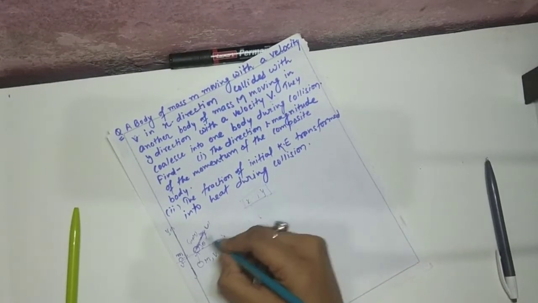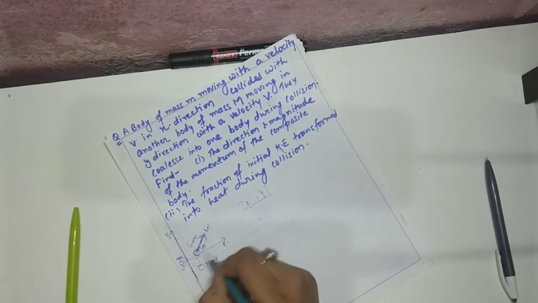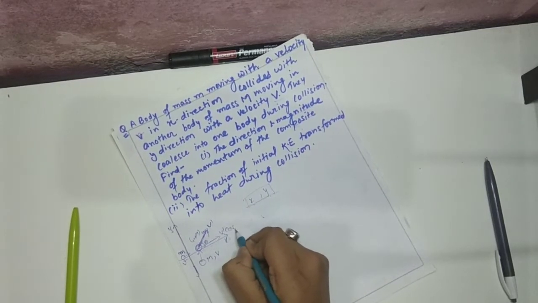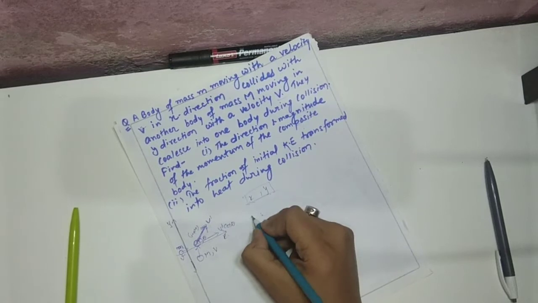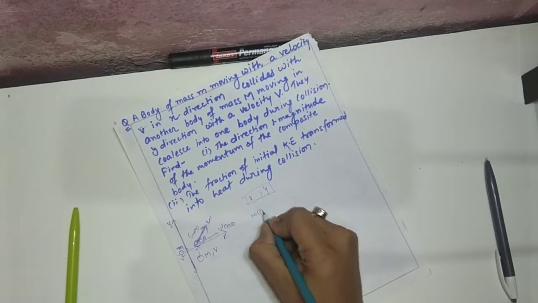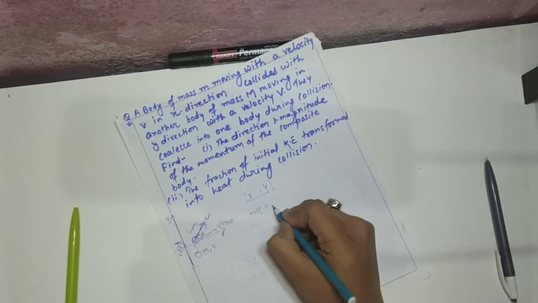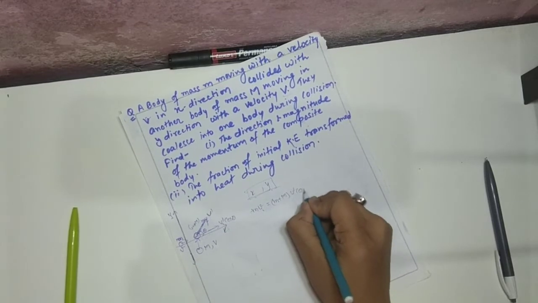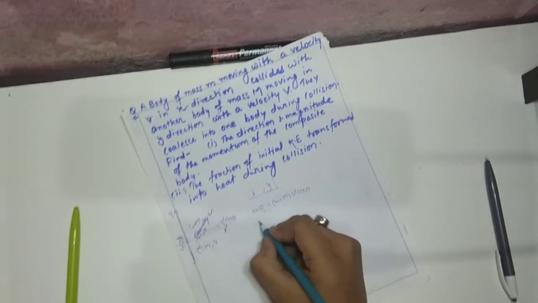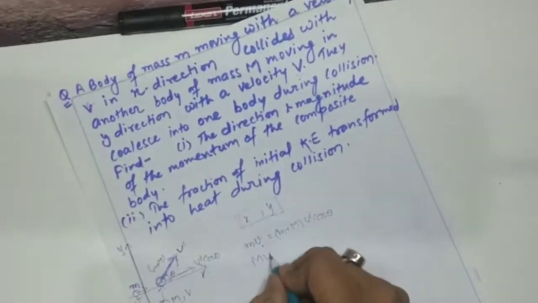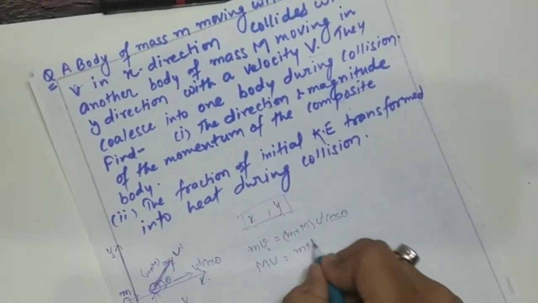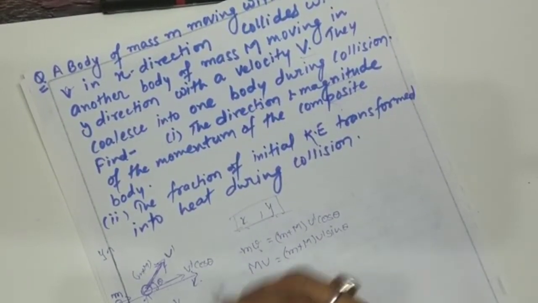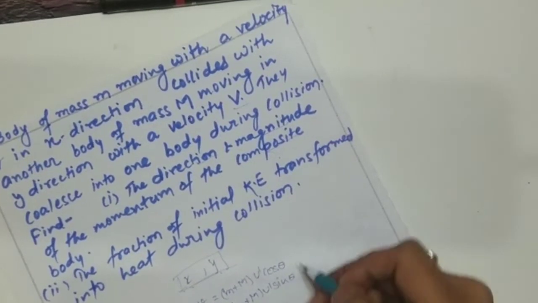In the x direction, suppose its velocity in this direction will be v dash cos theta. Therefore our momentum would be m small v equal to m plus capital M times v dash cos theta, and in the y direction, capital M V equal to m plus capital M times v dash sin theta. You might be wondering how I wrote this cos theta and sin theta.